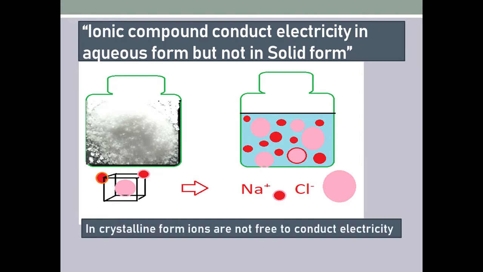Now, in a crystalline form, ions are not free to conduct electricity. You can see here the pink color spheres represent the chloride, because chloride anions are generally greater in size than cations. Sodium cations are represented by small red spheres.